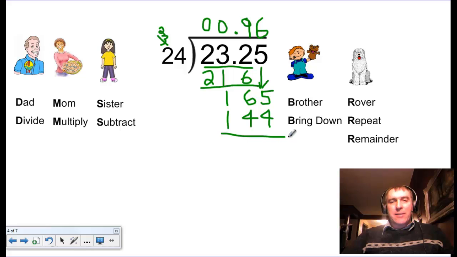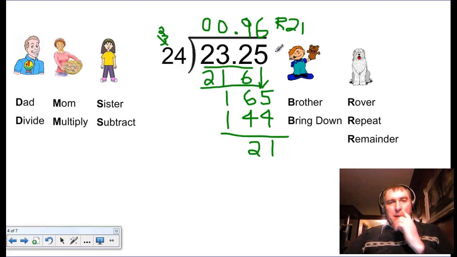And subtract, because that's what Sister tells us to do. 5 minus 4 is 1. 6 minus 4 is 2. 21, our remainder is less than our divisor out front, so we are done. So our answer is 0.96, remainder 21.